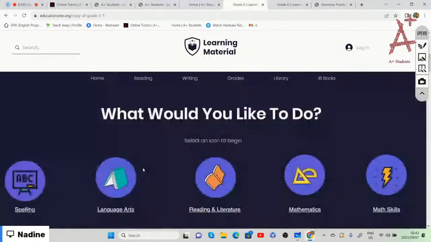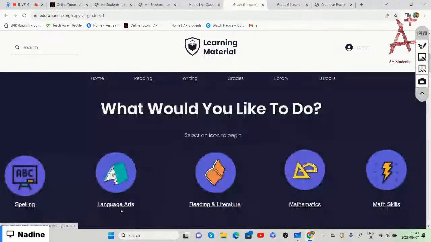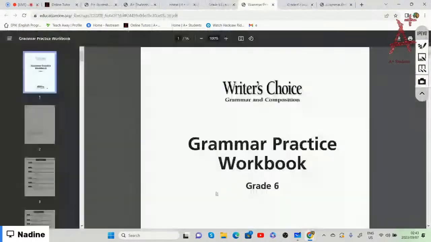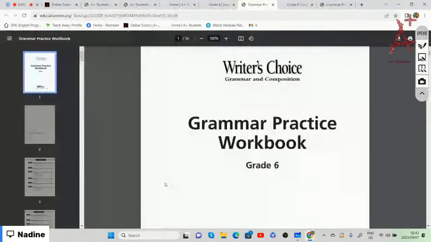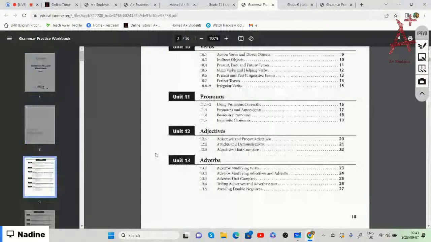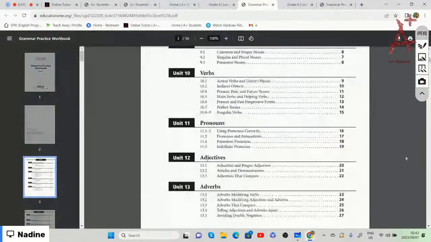And we scroll down until we get to language arts. And then we have 4 workbooks under language arts. We're going to choose the second one that says practice grammar in this language arts workbook. And then we're going to scroll up until we get to 40.